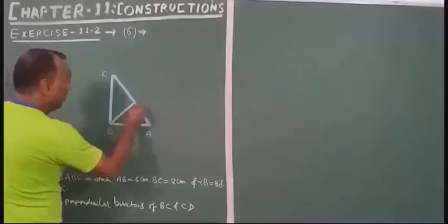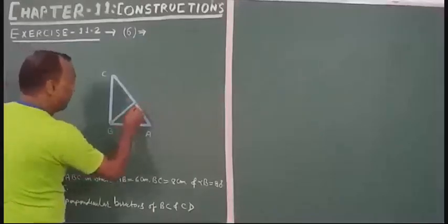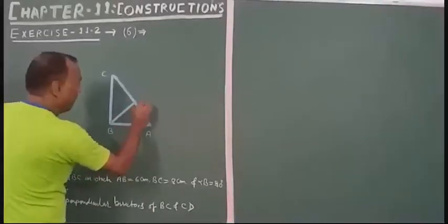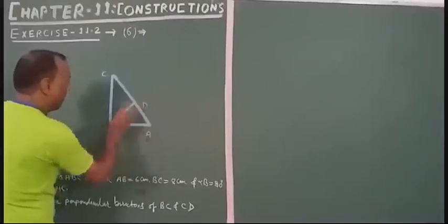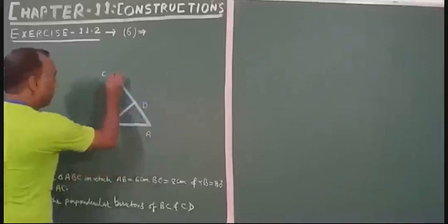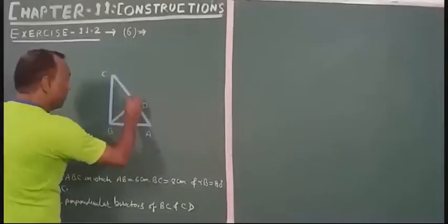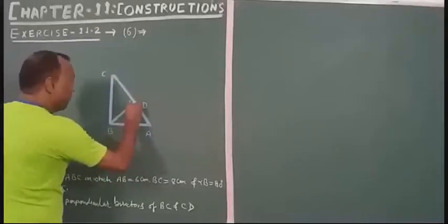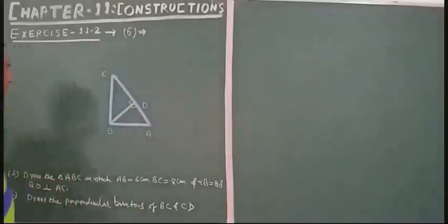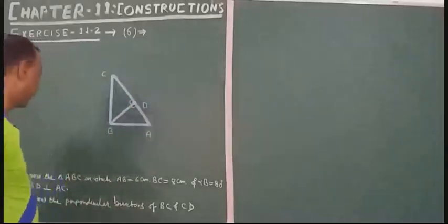This is BD. This is the perpendicular on AC. Just look at the construction step.